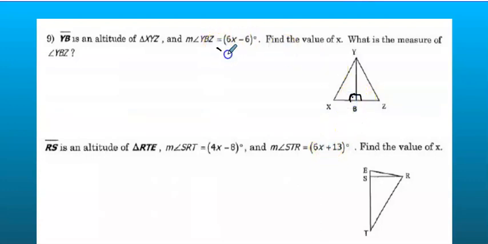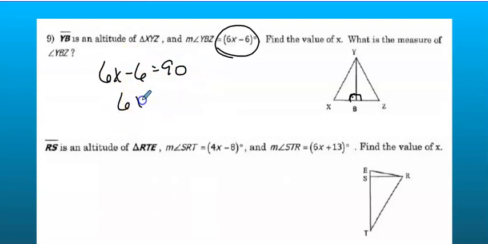That means this equals 90 degrees. So 6x minus 6 equals 90. Let's add 6 over there, 96, and I'm going to have to get my calculator. 96 divided by 6, that's 16. X equals 16. All right, let's move on.